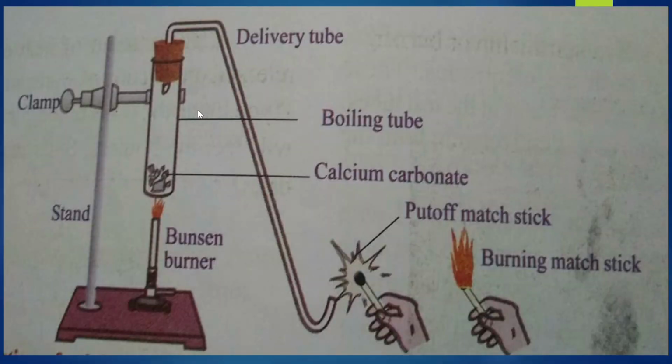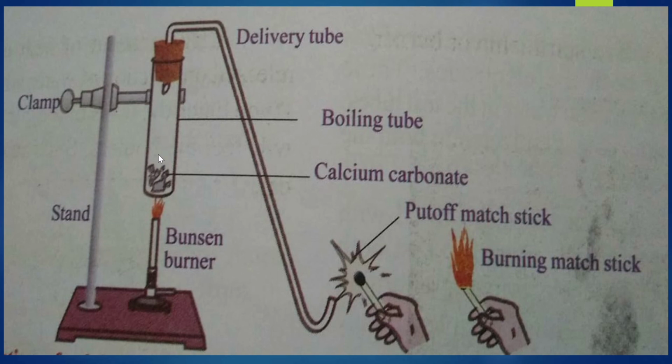Take a boiling tube, take a few grams of calcium carbonate and heat it. Place a single hole rubber cork. Through that single hole rubber cork, insert a delivery tube. So when you are heating the contents with the help of a Bunsen burner, a gas is released. That is your carbon dioxide.